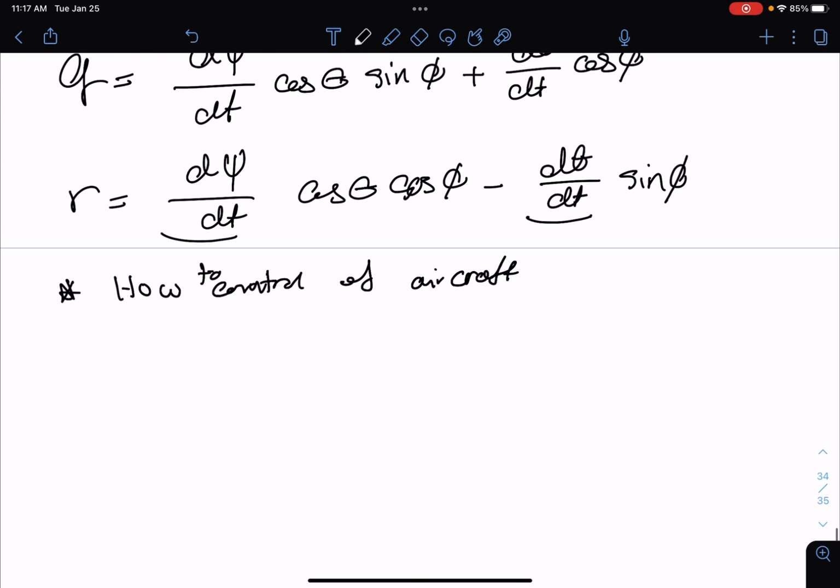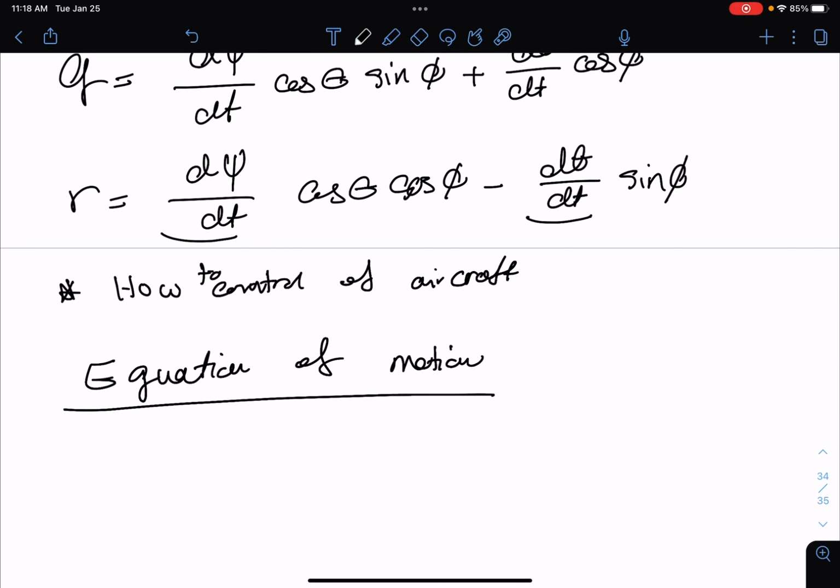Okay, I'm sorry. But the idea here is that we understand all of these angles and all of these velocities to eventually have an idea of the forces acting on the plane. When you understand the forces acting on the plane, which essentially means that you can write the equations of motion, you can understand the motion of the aircraft and the forces needed for a specific velocity.